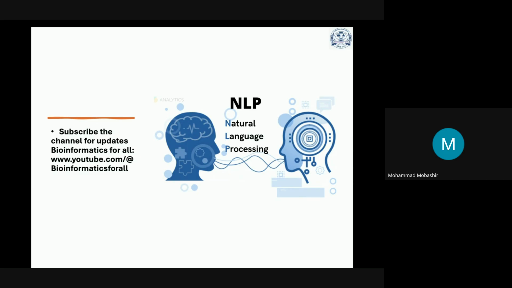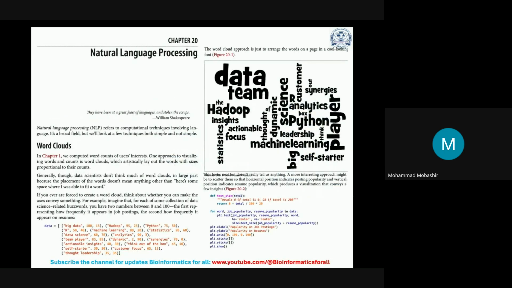This is also quite common for data analysts or data scientists, to analyze the languages, written languages, and the speeches. This is the 20th chapter of the book, as I mentioned.